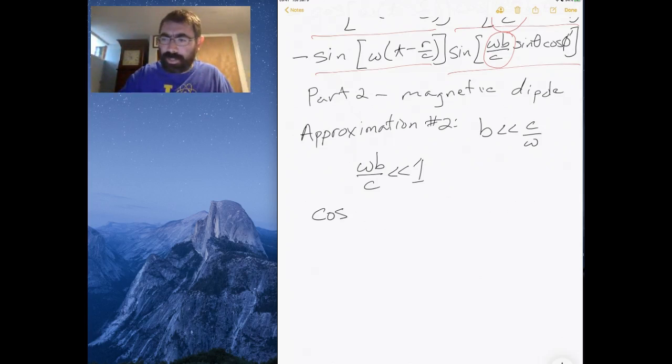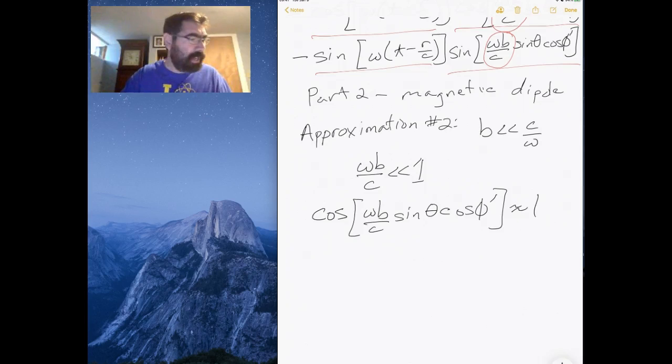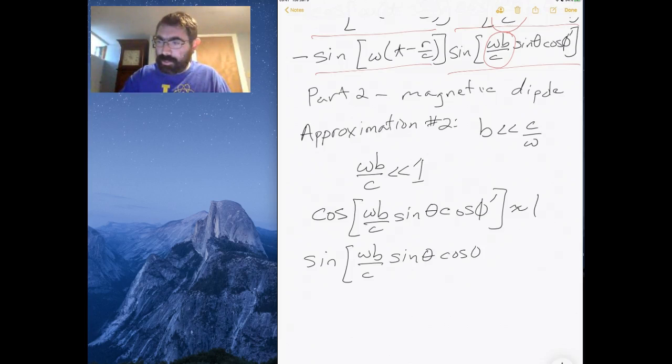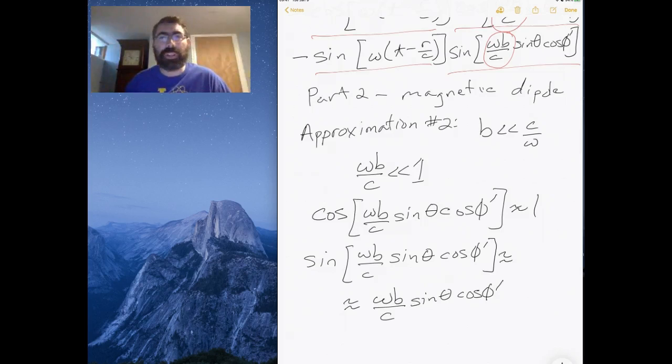So that means the cosine is approximately 1, and the sine of what we considered a very small angle is approximately the angle. It's not 0, it's just approximately the angle. So it's a small angle approximation for sine and cosine, essentially.